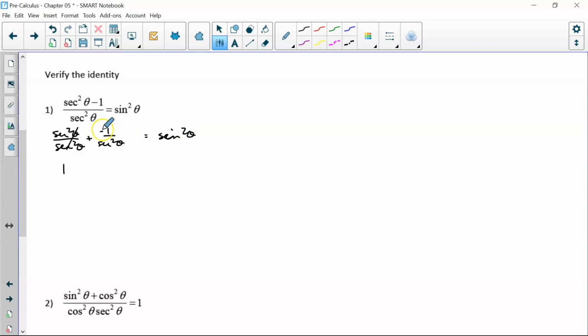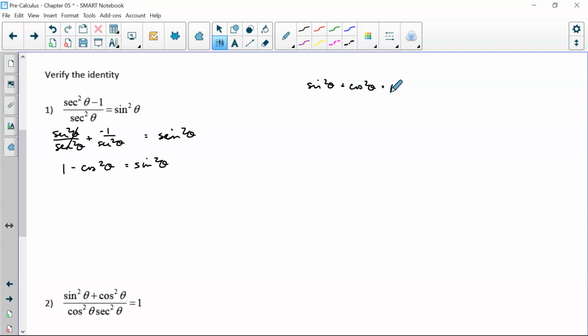Now, looking at this, the negative 1 over the secant squared theta, we can write that. Now, 1 over secant, that's the cosine. So minus the cosine squared of theta equals sine squared theta. Now, that looks pretty familiar. That looks like our Pythagorean identity that says sine squared theta plus cosine squared theta equals 1.